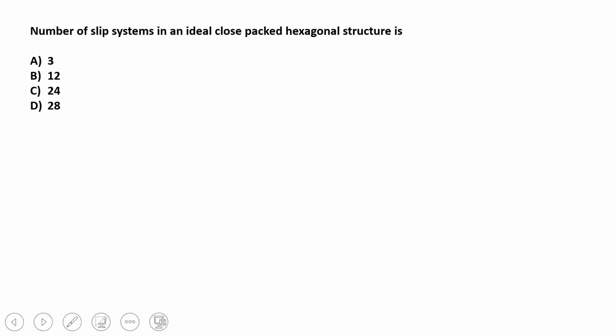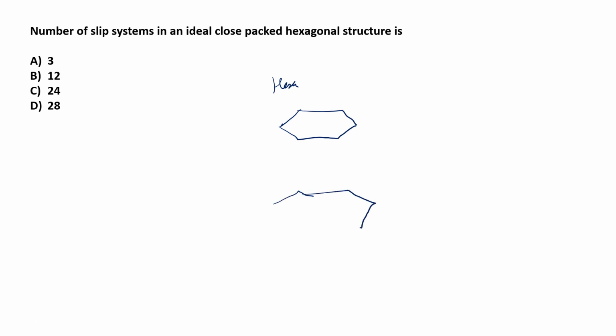Next, number of slip systems in an ideal close packed hexagonal structure. Hexagonal it is, right? So we have the structure like this. This is your slip plane in the hexagon.